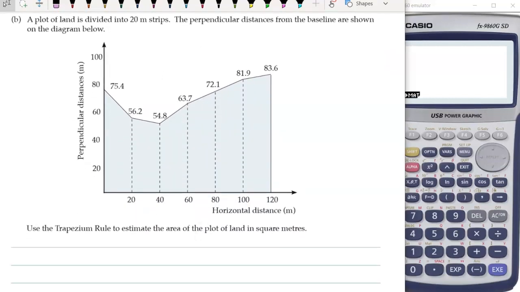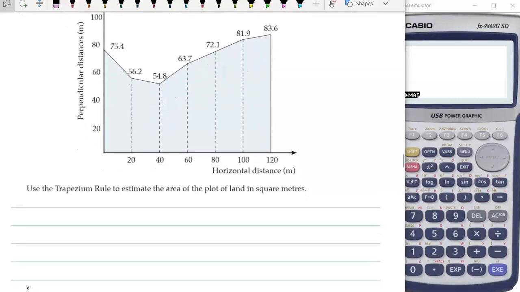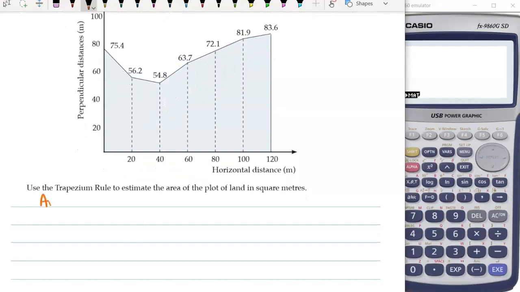Okay, for B, we have got this funny looking shape, and we're using trapezium rule to estimate the area. Now the trapezium rule is on your formula sheet. This area is going to be, well, the gaps that we have here, each of those are 20, and we start with h over 2.